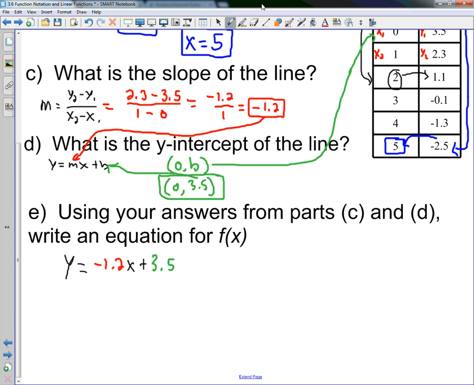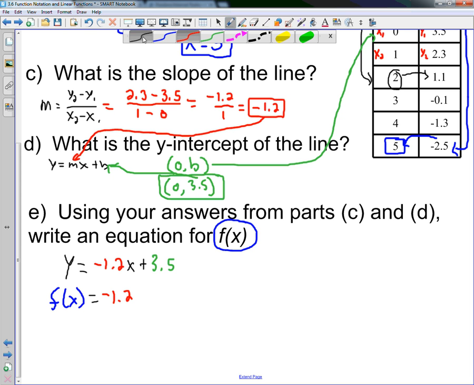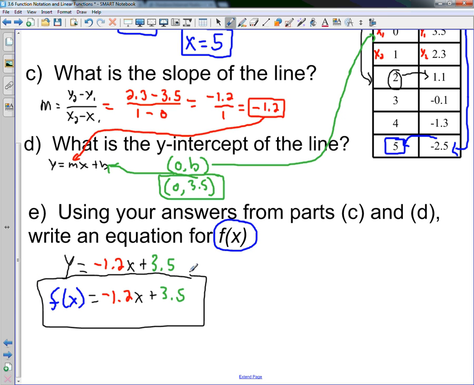If we want to write it in function notation, which is the last part of this, we're going to take the f of x and replace it for y. So we have f of x equals negative 1.2x plus 3.5. That should give us our equation in function notation. So we're taking all the parts, piecing it together, and coming up with the final equation.